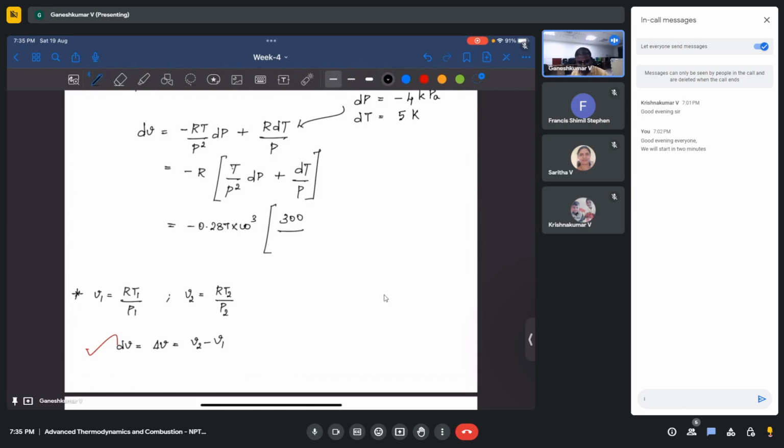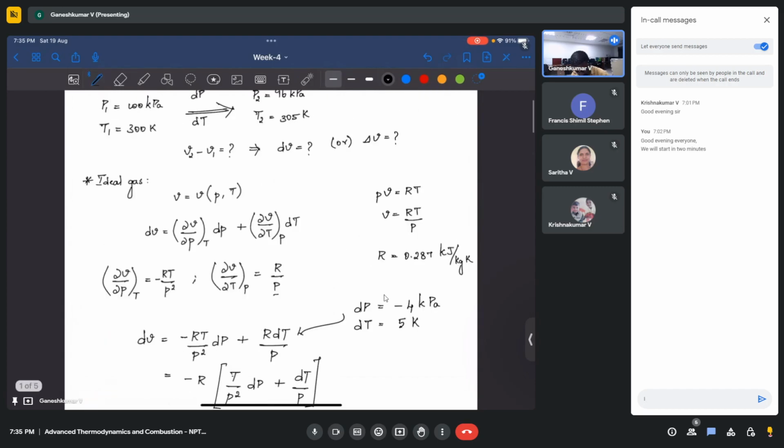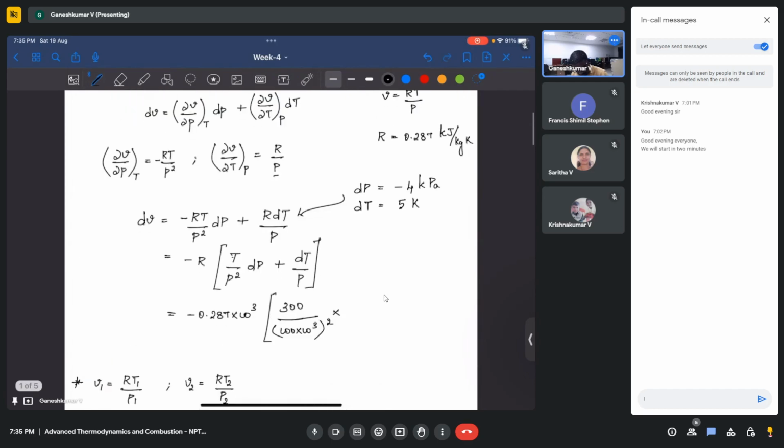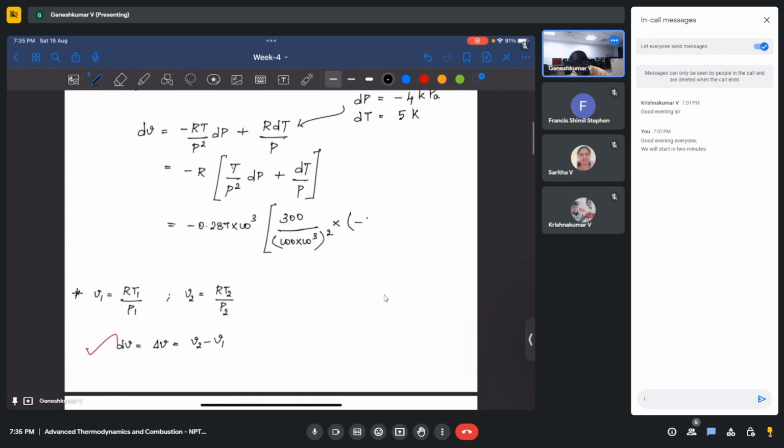For a small change in pressure, the pressure is 100 kilopascals, which is 100 into 10 power 3 whole square, times dP, which is minus 4, plus dT, which is 5, divided by 100 kilopascal.